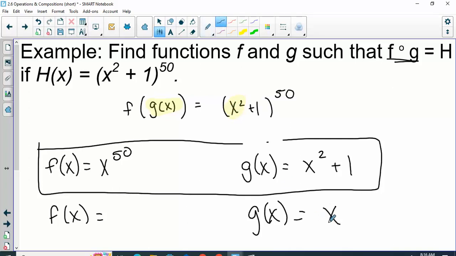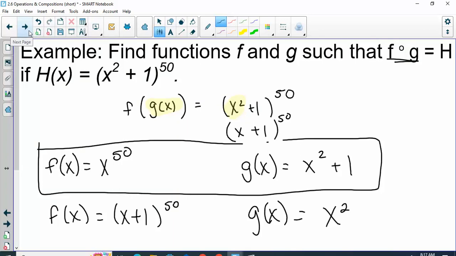If g of x is x squared, then think about if you take that out and put an x in its place, then f would have to be x plus 1 to the 50th. You don't have to have both these answers, just one, but look at it. If you take g and plug it back into f, do we get what we started with in both of those scenarios? Yes. So you are giving me a possible combination.